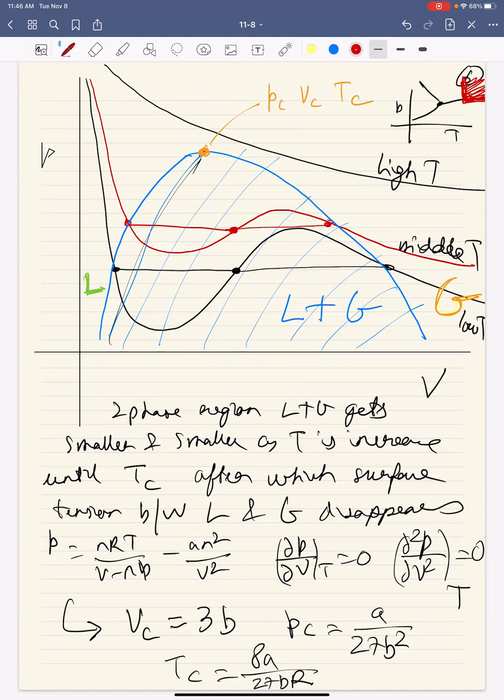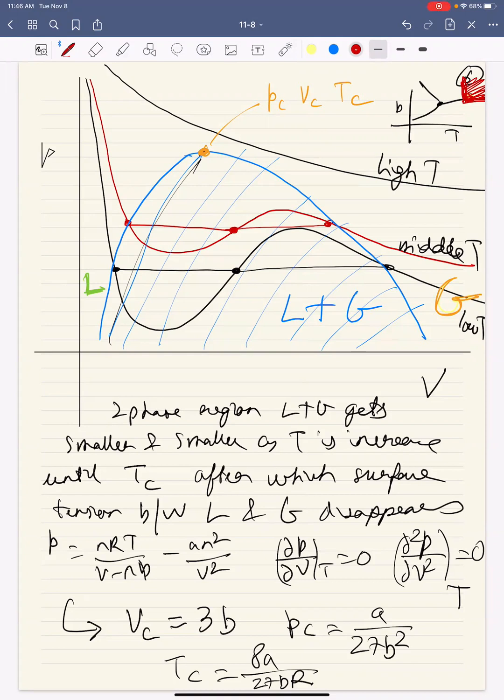Go ahead. Does it mean there are thermodynamic characteristics such as specific heat identical for gas and liquid in that region? What happens to specific heat? That I need to think about. I think the difference between the normal liquid plus gas phase and the liquid plus gas phase after the critical temperature is that before you really have two separate phases, but now it's only one phase.